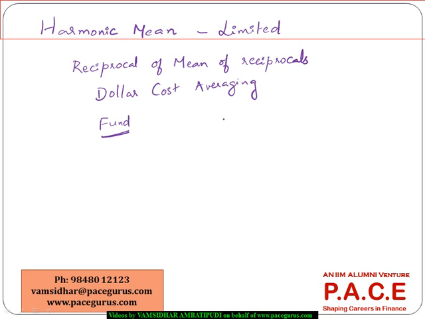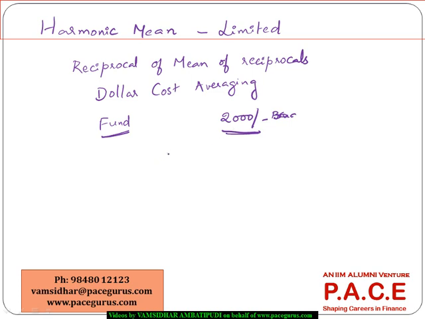Every month I want to invest 2,000 bucks into the fund, a fixed amount. If this number is different, then probably the harmonic mean will not be used. But let's say I am investing 2,000 every month.